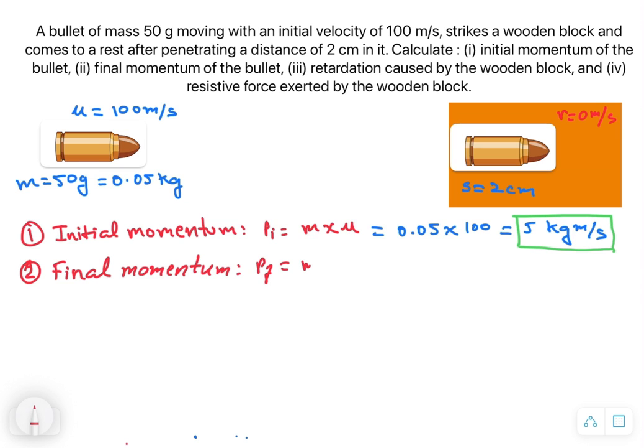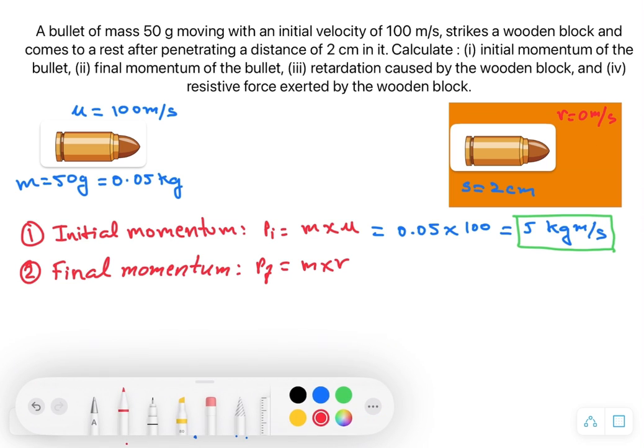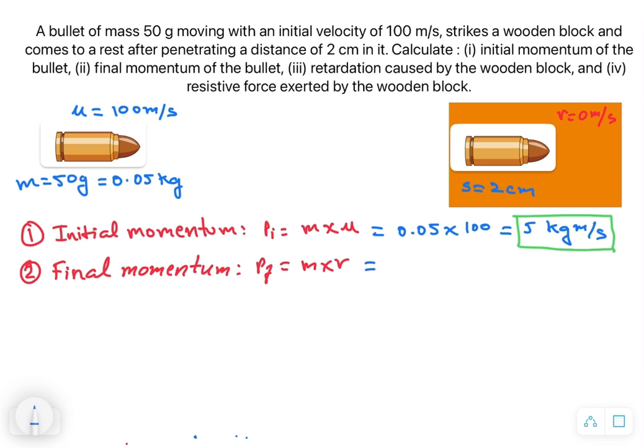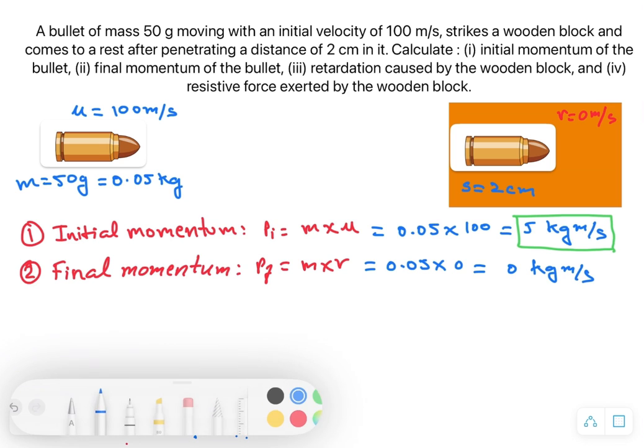Final momentum is mass multiplied by final velocity. Mass is 0.05 kg and final velocity is 0. So that would mean that the final momentum would be 0 kg meters per second.